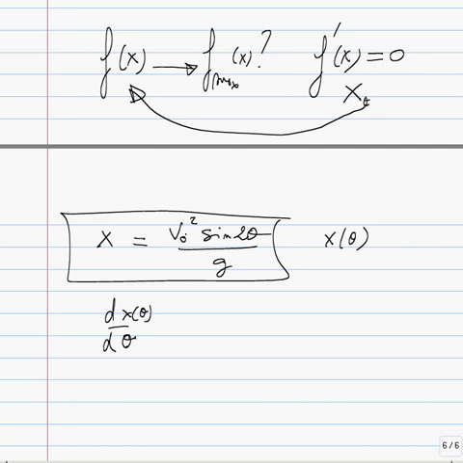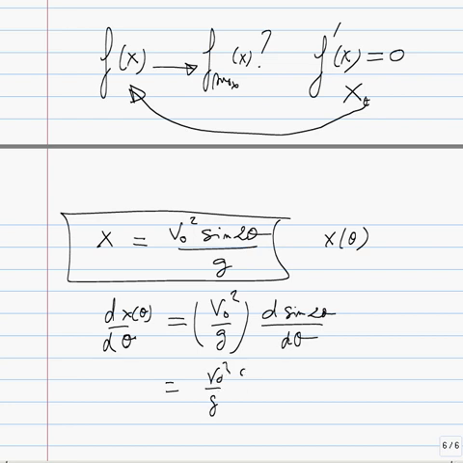V naught is a constant, g is a constant. So this will give us what? Those two are constant, I can treat them separately. And now I need to take the first derivative of sine 2 theta with respect to theta. Well, that's easy. That's just going to give me 2 cosine 2 theta, because I've just used the chain rule.